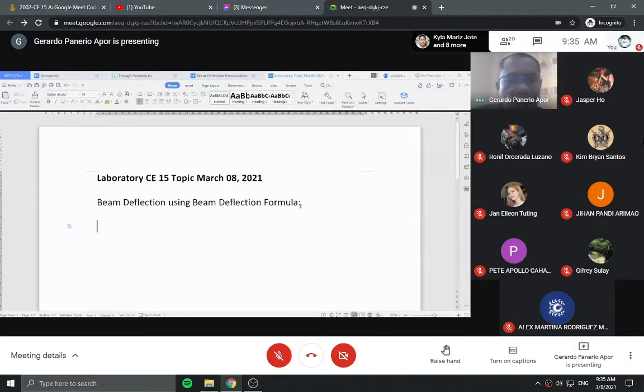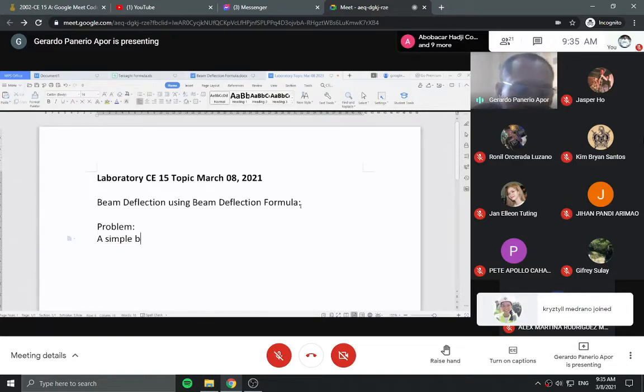Since I have mentioned problem solving, I will write a problem, and we will solve it. A beam, a simple beam. Let's start with a simple beam. By writing simple beam, you're already imagining a beam, no?